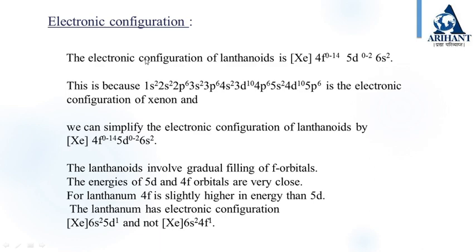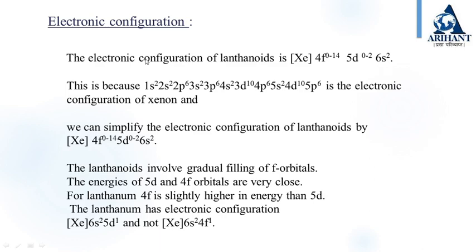This is because the electronic configuration is 1s2, 2s2, 2p6, 3s2, 3p6, 4s2, 3d10, 4p6, 5s2, 4d10 and 5p6, and it is the electronic configuration of xenon. So we can simplify the electronic configuration of lanthanoids as xenon 4f0 to 14, 5d0 to 2 and 6s2.